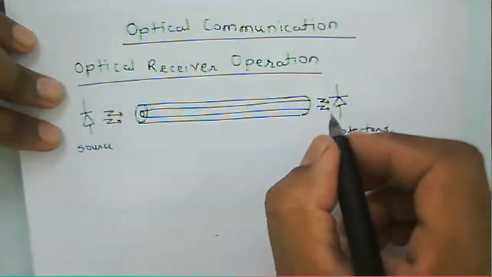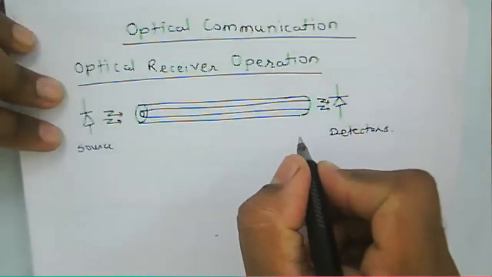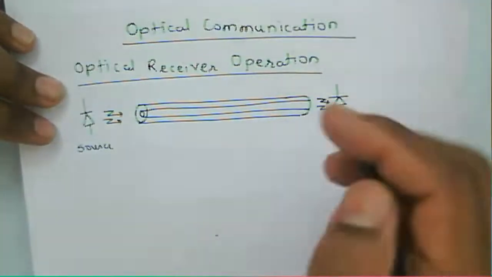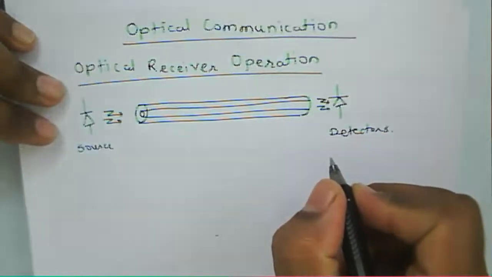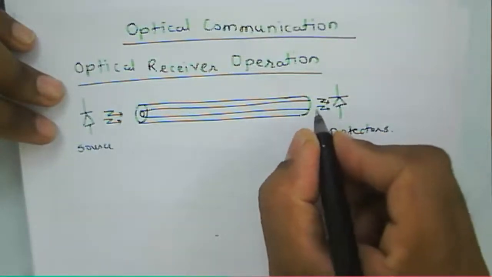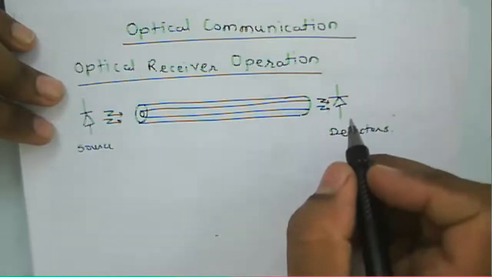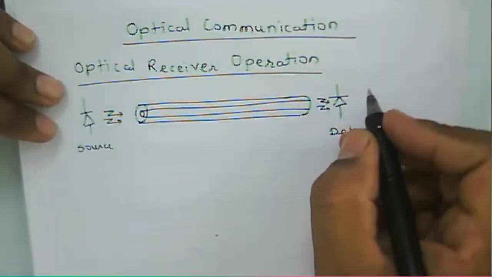Now, when light falls on the detector, it penetrates the junction, a PN junction or a PIN, whichever material we are using, an avalanche photodiode or a PIN diode. The photon's energy enters the detector, and accordingly it generates an electron hole pair.